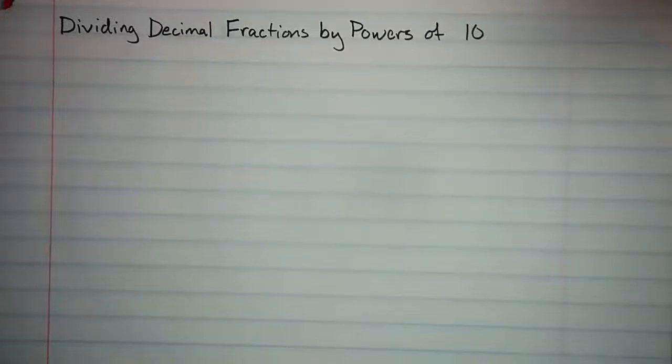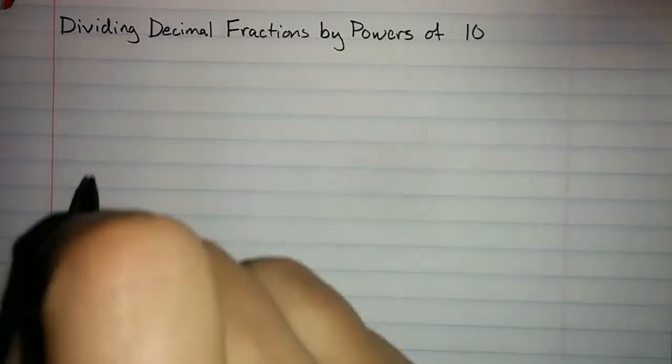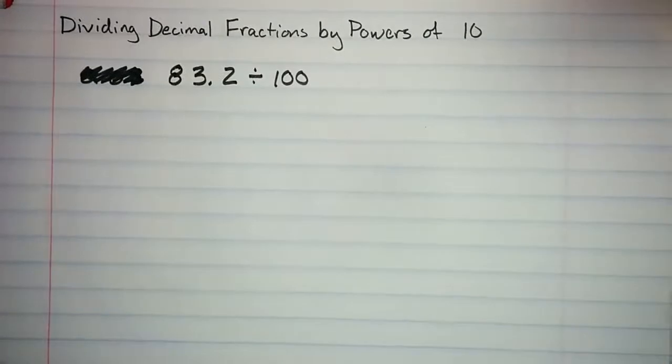We'll have a little bit more luck when we're dividing decimal fractions by either powers of 10 or decimals that have a 1 as their numerator. Say we wanted to divide 83.2 by 100. What would we do?